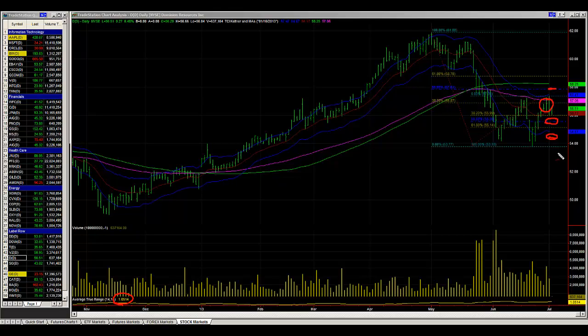For the third target, you could draw the 1.272 fibs and look for somewhere around in this area. If you're trading more and still have more position on, use that upper counter channel band as a trailing stop. And then Walmart, we hit the first profit objective on Walmart.